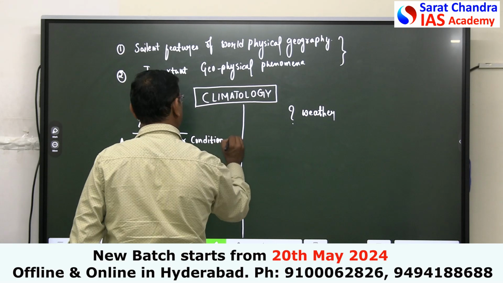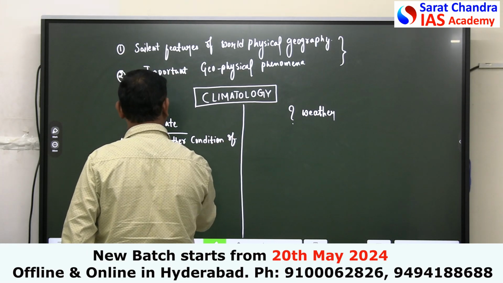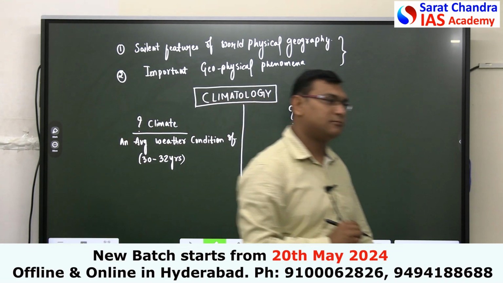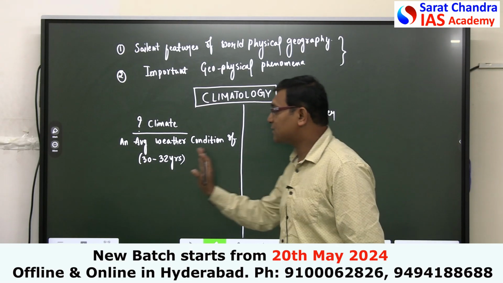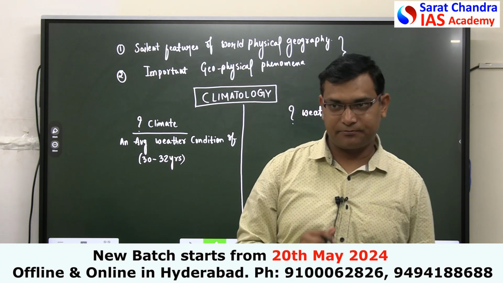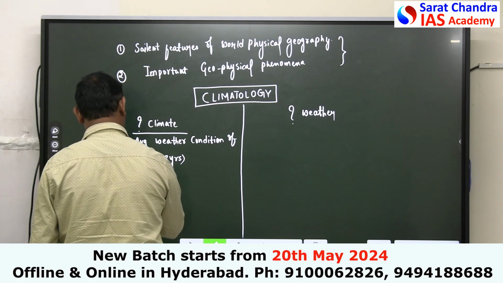In some books 35 years also they have mentioned. Average weather conditions of 30 to 32 years we take as climate. Generally climate is a long-term phenomenon.